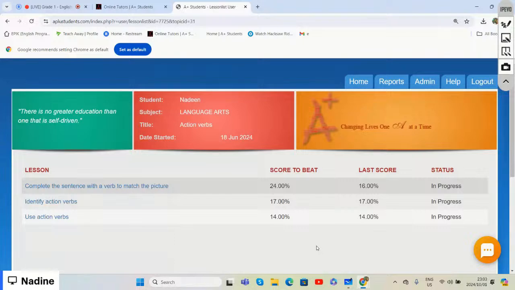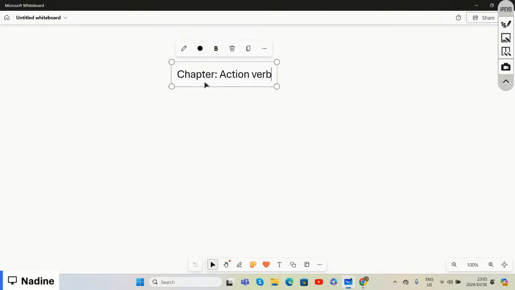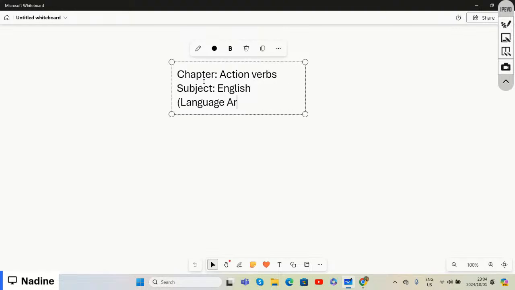All right. So our chapter is action verbs. Our subject is English Language Arts. We're doing grade 1.